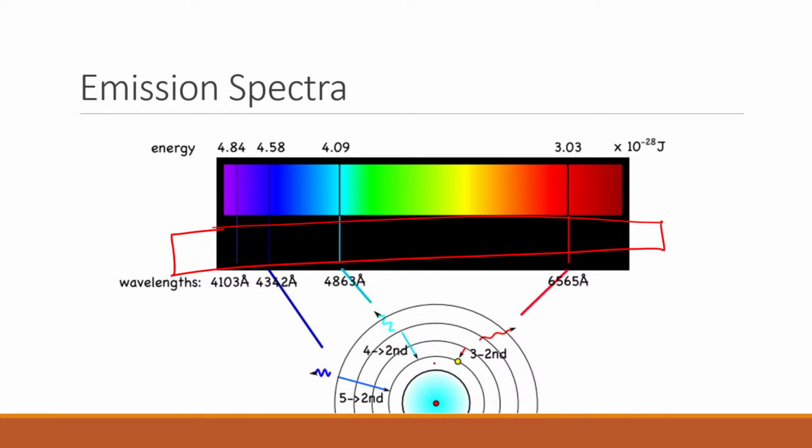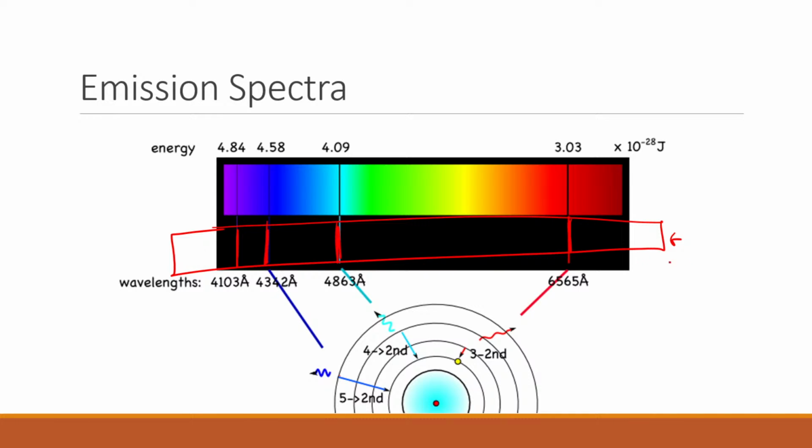Depending on what transition happens, depending on where the electron starts and falls down to, gives you slightly different wavelengths of light, slightly different energy. And the combination of these energies, right, looking at the different colors that get produced, we can mark this down as the fingerprint for an element.